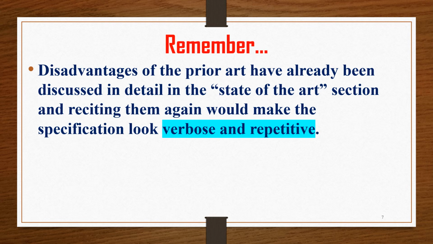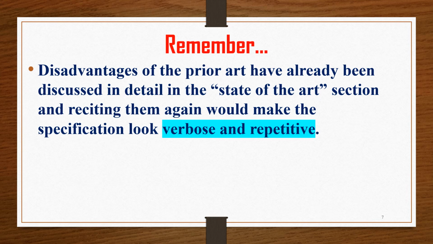Also, we can say disadvantages of the prior art have already been discussed in detail in the state of the art, right? That we have already discussed. I am reading it again. Disadvantages of the prior art have already been discussed in detail in the state of the art section, and reciting them again would make the specification look verbose and repetitive. Fine?